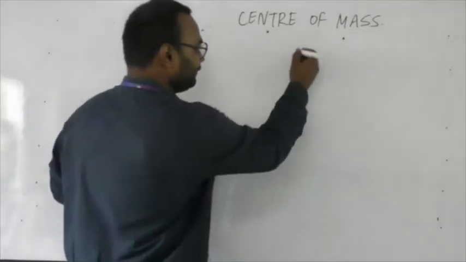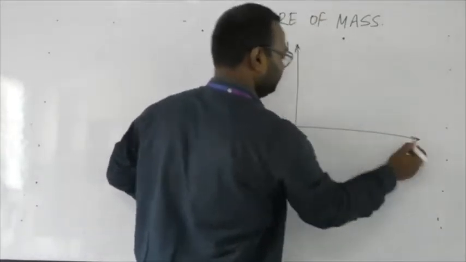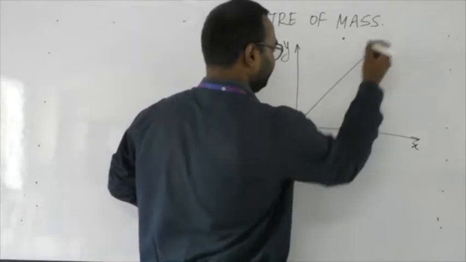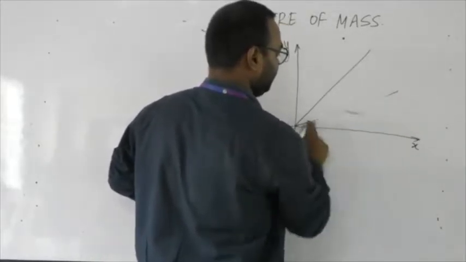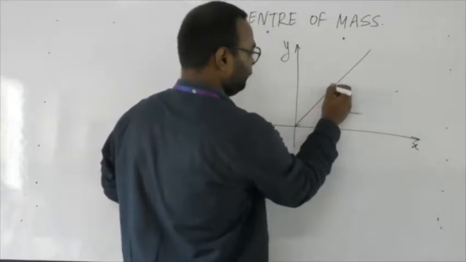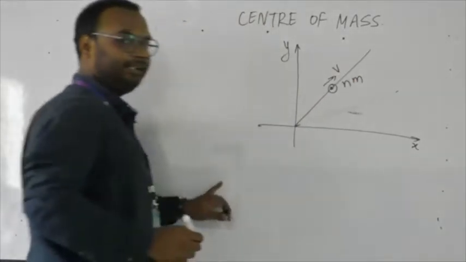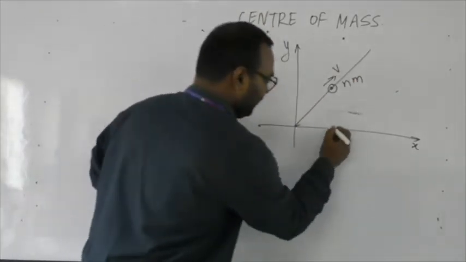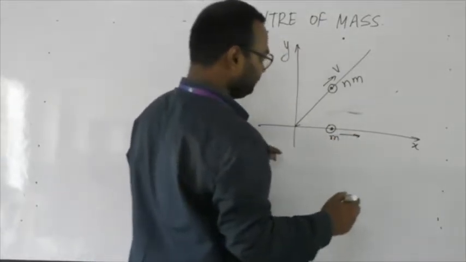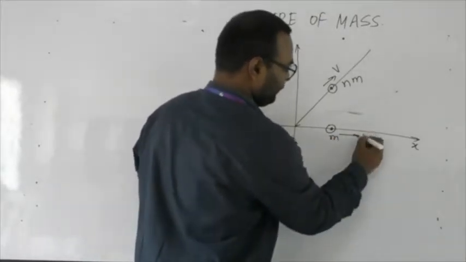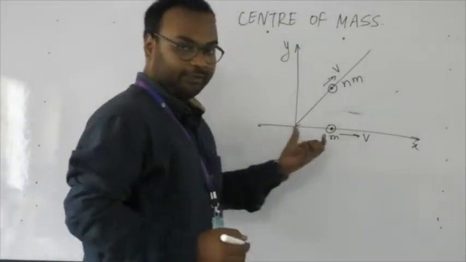Suppose I take axes and two particles, one moving with velocity v and having mass n into m, and another particle of mass m moving with velocity v. So how will you write the velocity of center of mass?